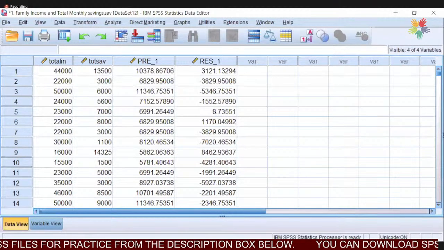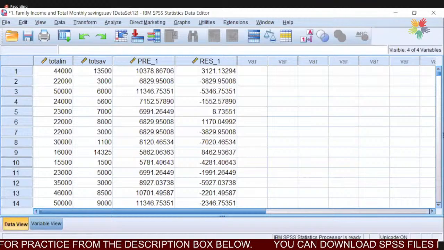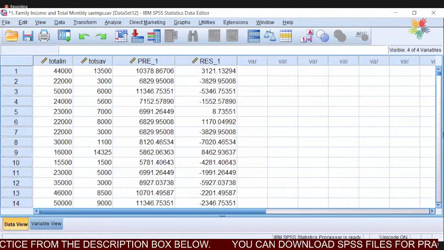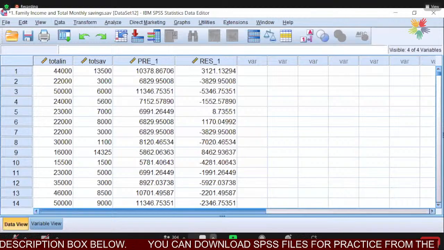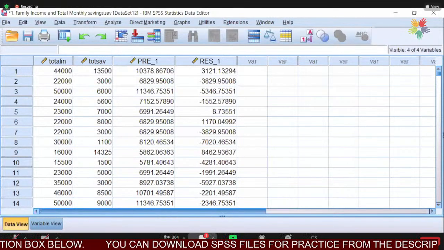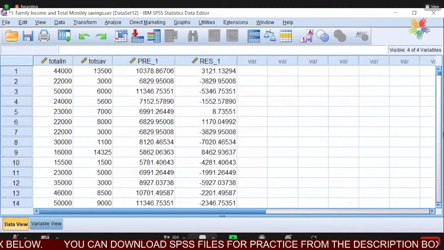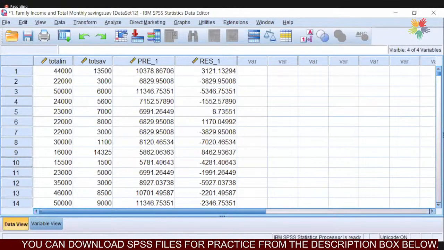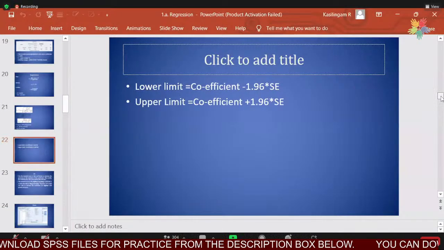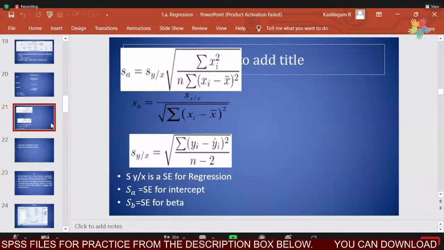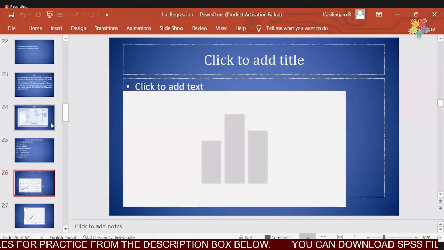If you have any, I will add some more flavor to this. I have to send this PPT, then you will go through this PPT and you will come back. So with all these things.